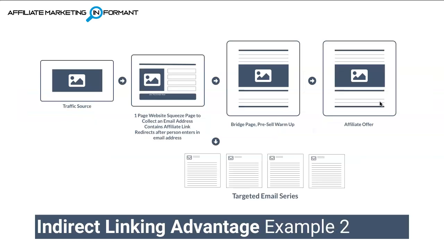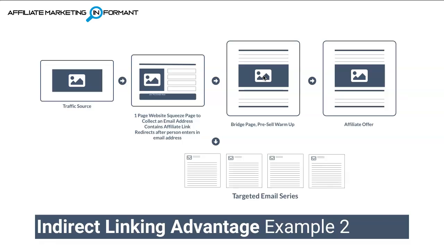Here's another example of indirect linking. You have the traffic source and a one-page email capture, just a real simple email opt-in form. But instead of directly linking them to the affiliate offer from your email capture page, you send them to a bridge page. The bridge page is used to pre-sell and warm up your audience.